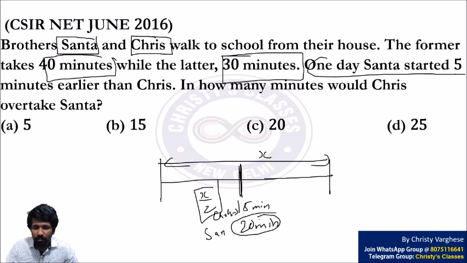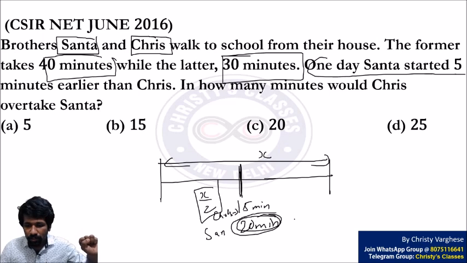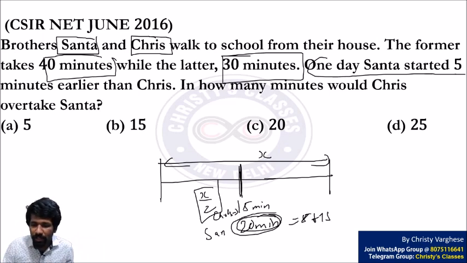Santa taking 20 minutes is okay because Santa already took 5 minutes, so this 20 is nothing but 5 plus 15. That means by the time Chris reached the halfway point, half the distance to the school, Santa will be there.